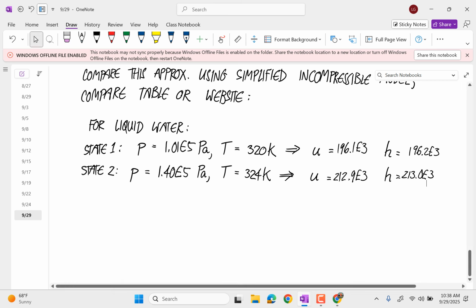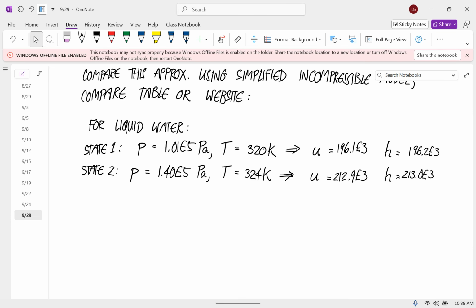And so the change in internal energy is 212.9 times 10 to the third minus 196.1 times 10 to the third.